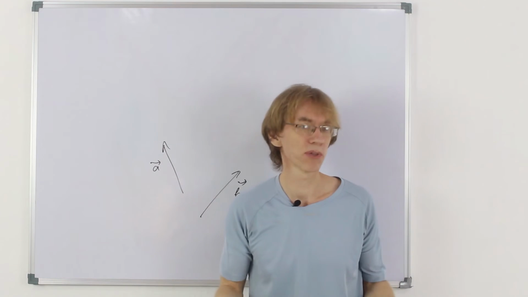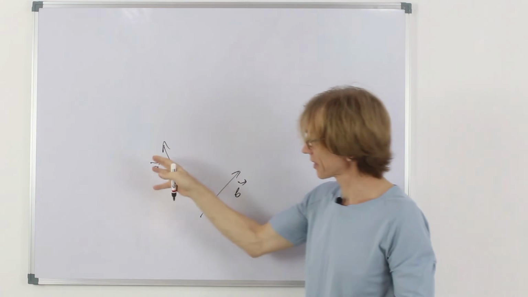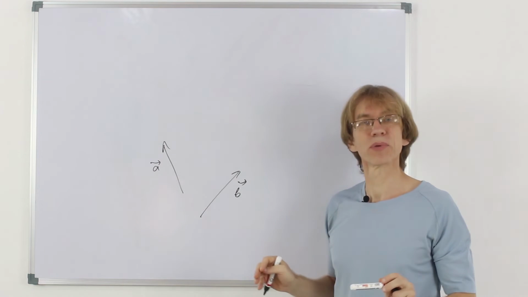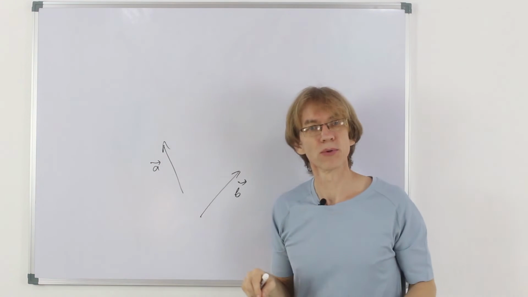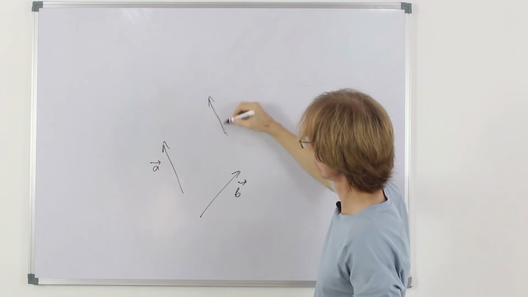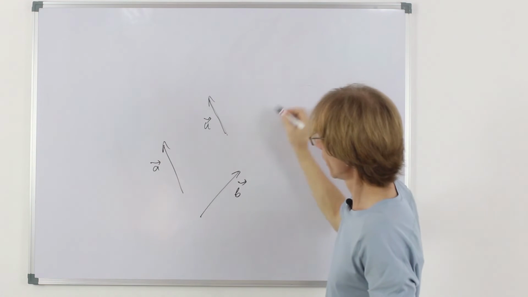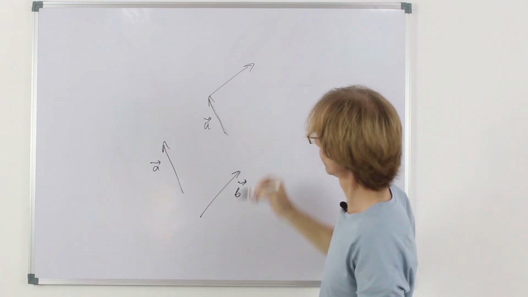In physics, it's sometimes pretty important where the vector is applied, but that's a bit different story. Vectors in themselves don't have a position. So we can take this vector and put it here if you wish. So we redraw A. And then we put B at its tip.